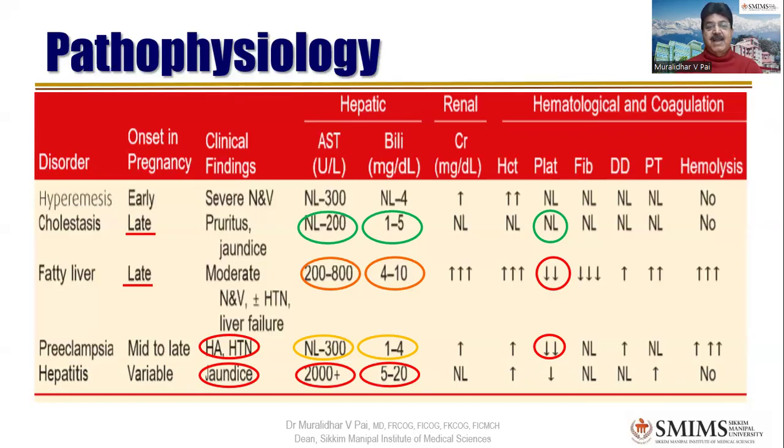So even a blind person can diagnose hepatitis A. Just looking at the deep jaundice, 5 to 20 bilirubin. Liver enzymes 2000 plus. That's it. You don't even have to prove serologically or by any other means. The biochemical testing alone can tell you that it is hepatitis A.